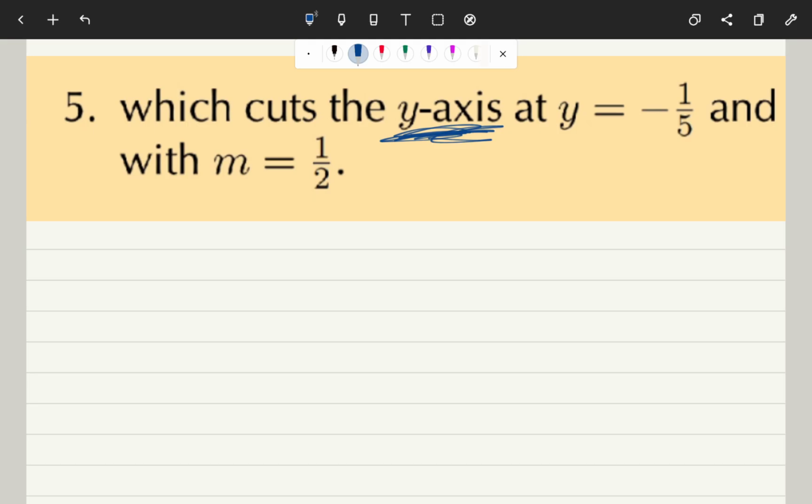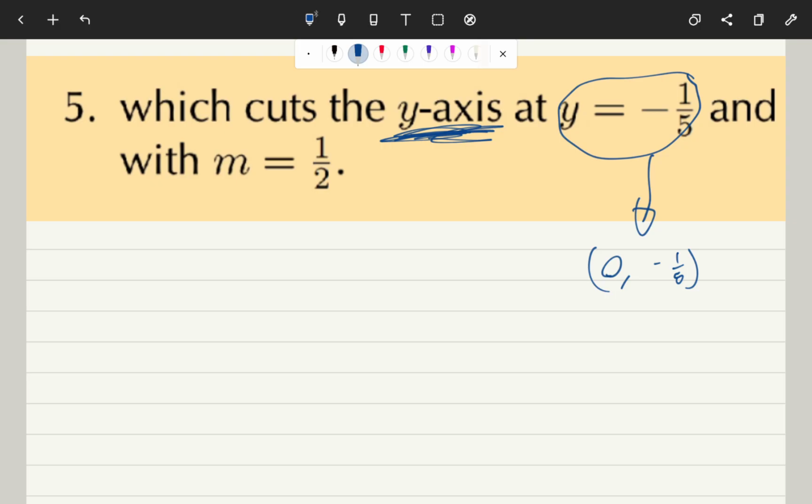And remember, at the y-intercept, x equals 0. So this coordinate is the same as having (0, minus 1 over 5). That is that point. I wrote it this way hopefully so it will not confuse any of you when you first see it.